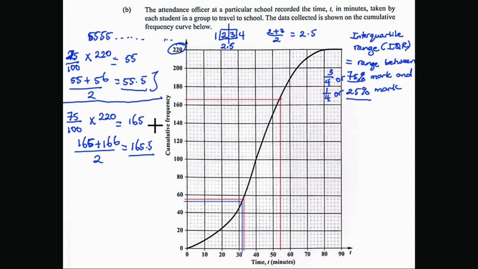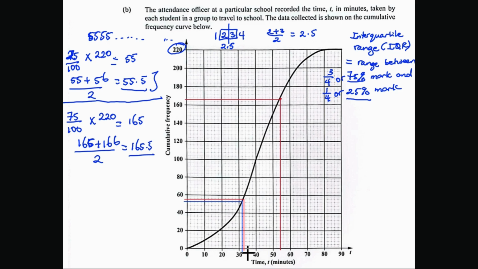I've already gone ahead and drawn these lines. This is what you see in red on this graph. Let's look at the 25th percentile first, which corresponds to 55.5. I went onto the y-axis, found 55.5, because that's the point I need, went across to the curve, and then looked for the corresponding time.